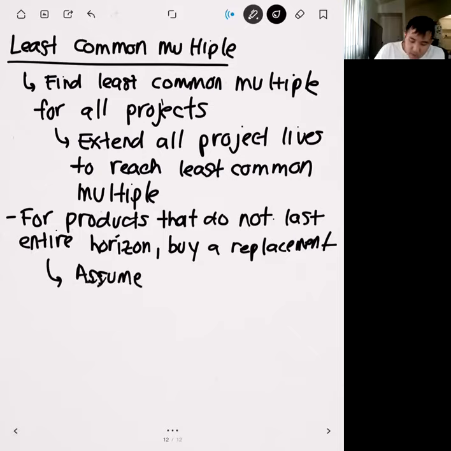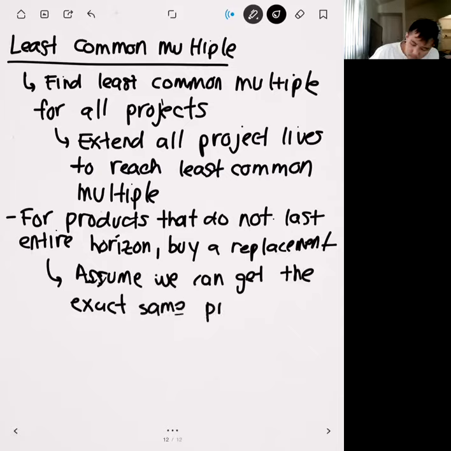So we'll assume that we can get the exact same part or exact same product, and that the product will cost the same as it did when we first bought it.